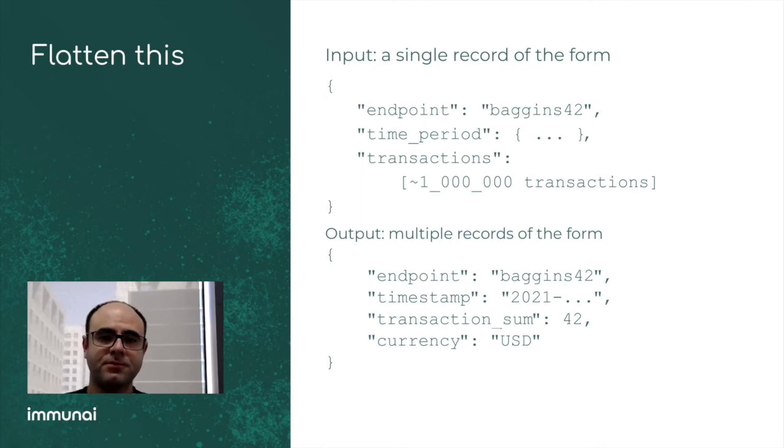As an input, we were getting single records where some data is on the top level of the record and some data is split between about 1 million transactions. And what we really wanted to do is to take the top level data and flatten it into the transactions, and then get a stream of records that are a combination of the two. So this is super standard.